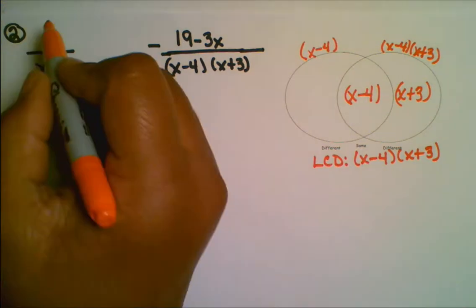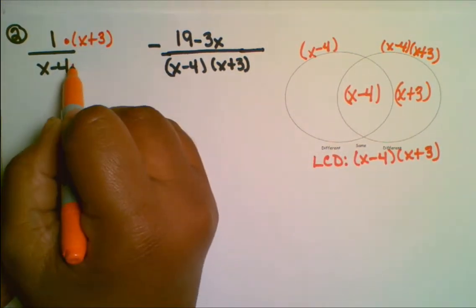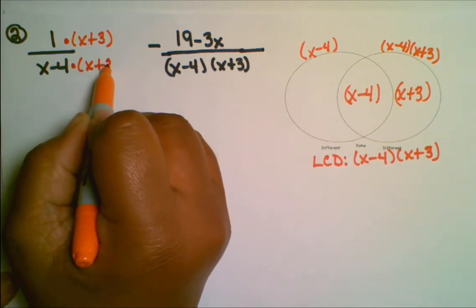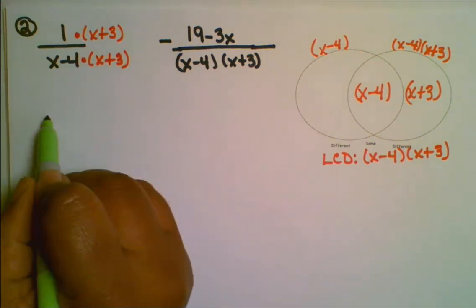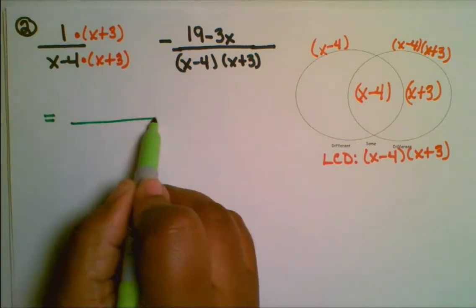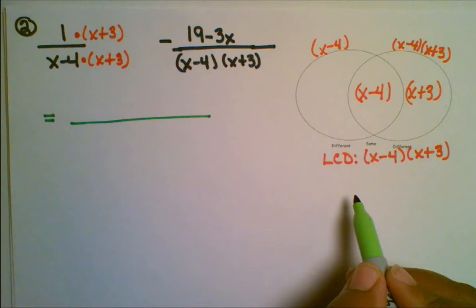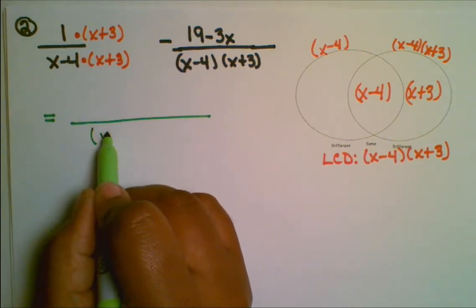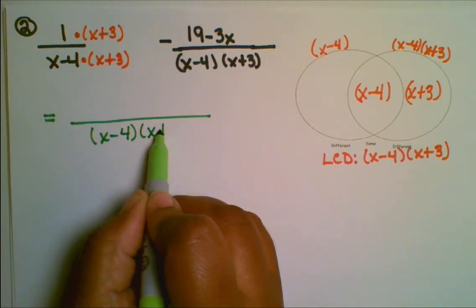That will be x plus 3. So now we have a common denominator, the least common denominator, that is x minus 4 times x plus 3.